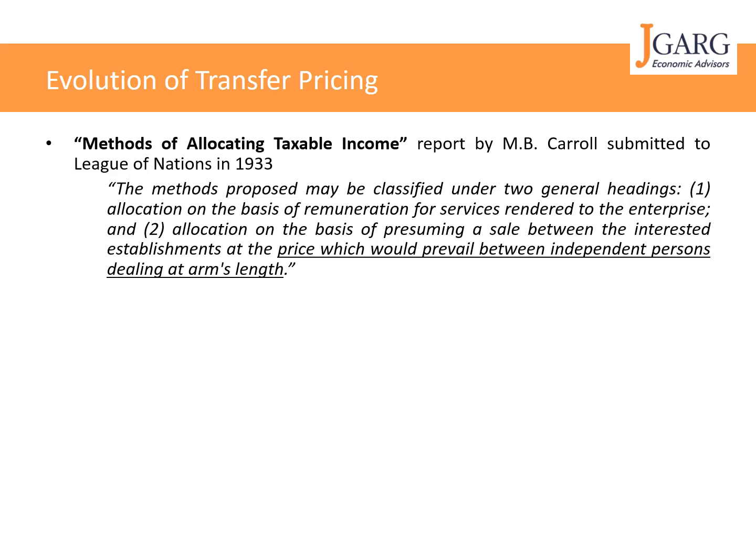One, allocation on the basis of remuneration for services rendered to the enterprises, and the other, allocation on the basis of presuming a sale between interested establishments at the price which would prevail between independent persons dealing at arm's length. So the word arm's length first came into existence in 1933 in the tax world.